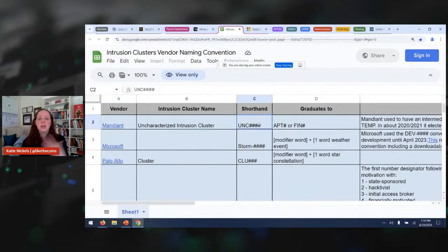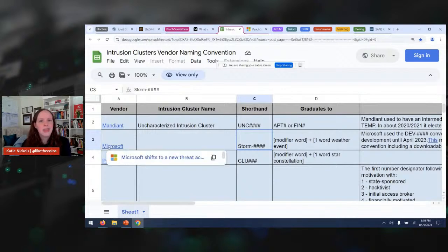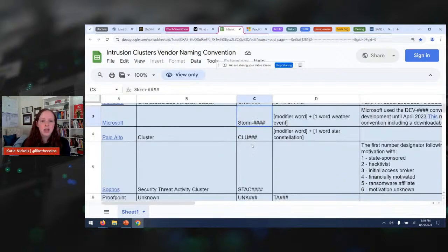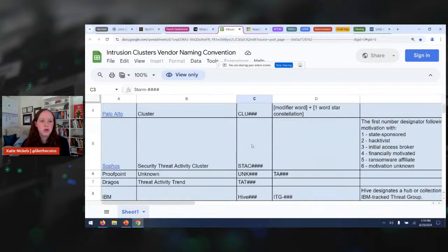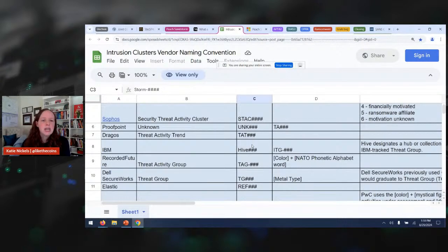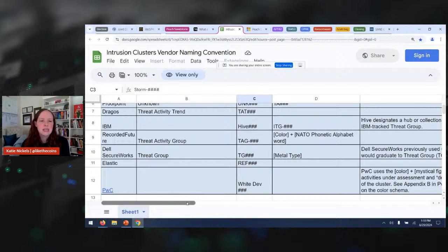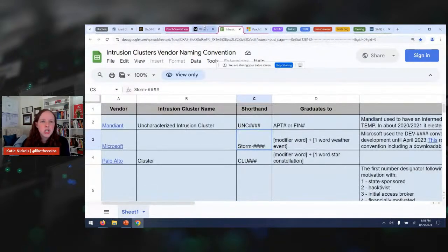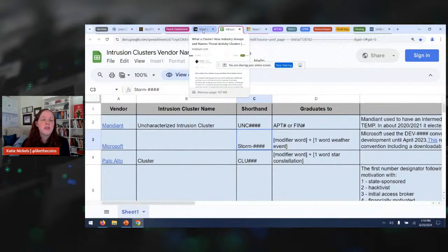So if you see something that says UNC, which stands for uncharacterized, or I think it's uncategorized, you know that's from Mandiant. You see Storm, that's Microsoft. So Microsoft likes to use weather-related group names. Palo Alto, different approaches here. So kind of a nice reference that John has created about the initial cluster methodology that these different companies use.